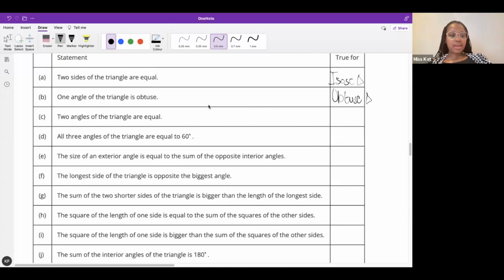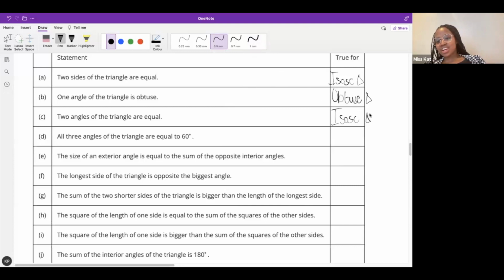Okay, two angles of the triangle are equal. What type of triangle is that true for? Kamukhelo says equilateral, I'm assuming. Yay, it is an isos.